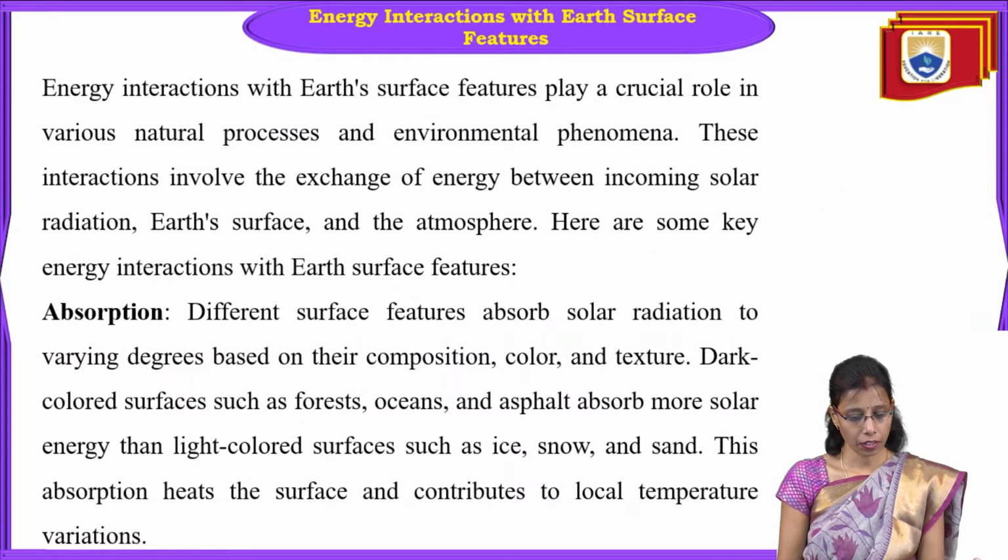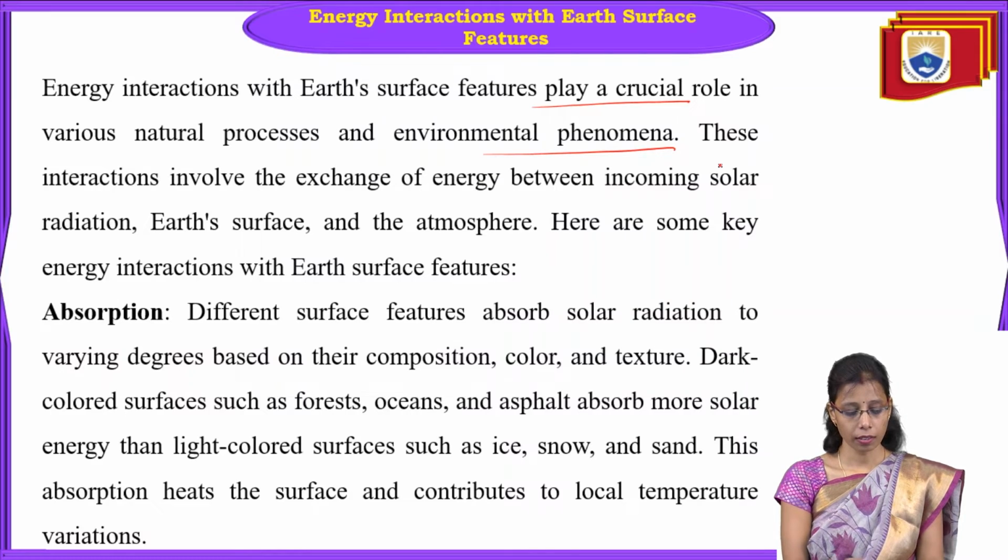Now, energy interactions with Earth surface features play a crucial role in various natural processes and environmental phenomena. This interaction involves the exchange of energy between incoming solar radiation, the Earth surface, and the atmosphere. Here are some key interactions with Earth surface features, like absorption. So, what is absorption?